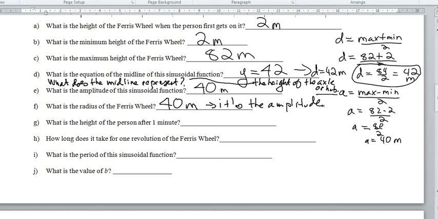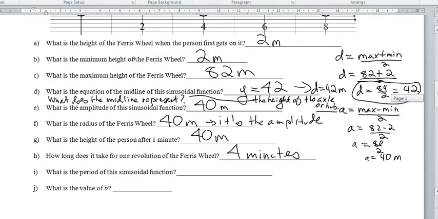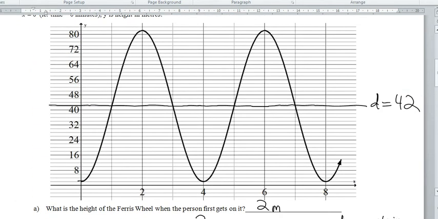What's the height of the person after 1 minute? 40 meters? How long does it take for one revolution of the Ferris wheel? 4 minutes? How did you find that? Well, if we're starting at the bottom, when we get back to the bottom, we'll have gone around one time.